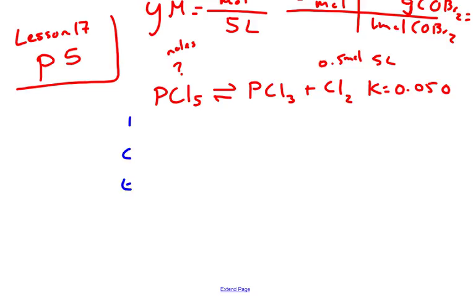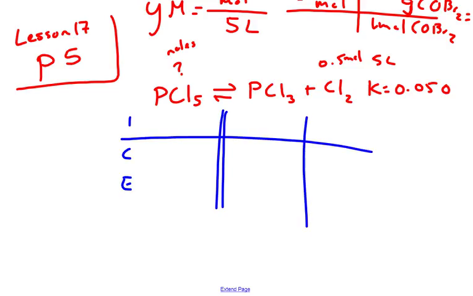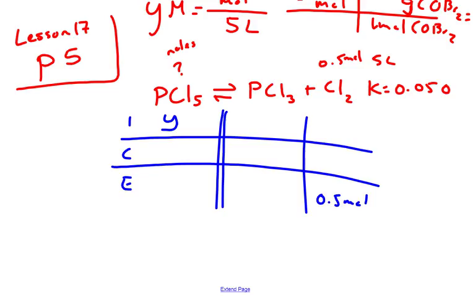So this is problem 5 on lesson 17. What it's saying is at equilibrium, I have 0.5 moles of Cl2. What it's wanting is how many moles, eerily similar but slightly different, do I have in the beginning?